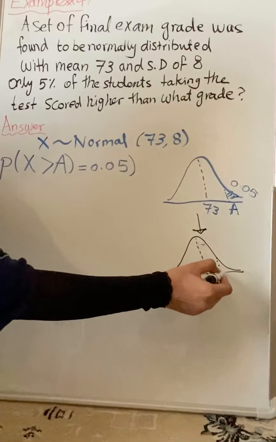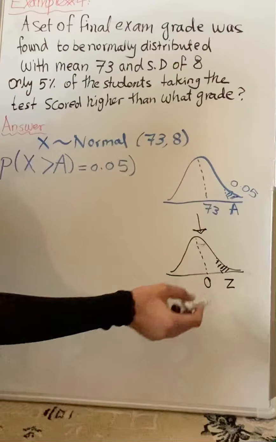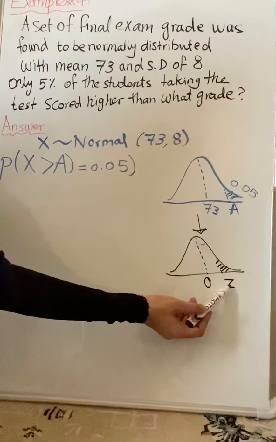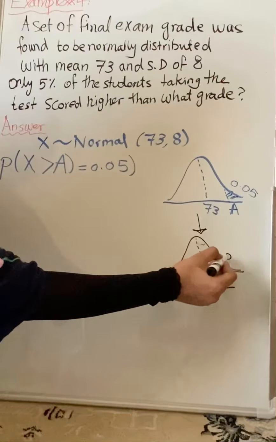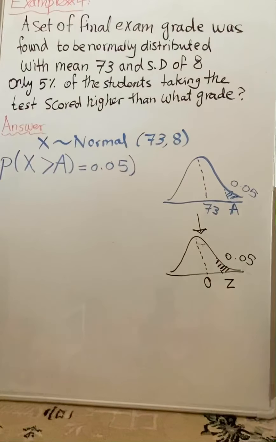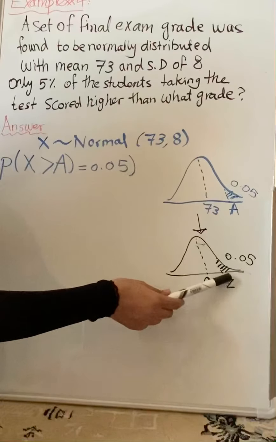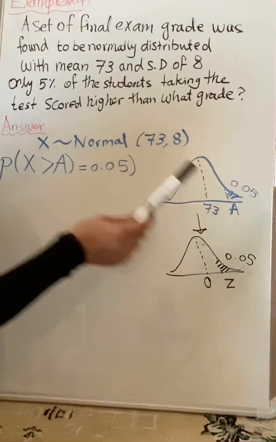So here there is a value of Z such that the probability Z greater than this value is equal to 0.05. So we need to find the value of Z which gives you this probability as 0.05.